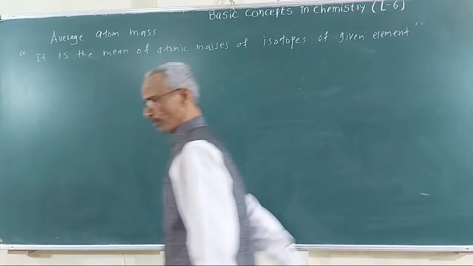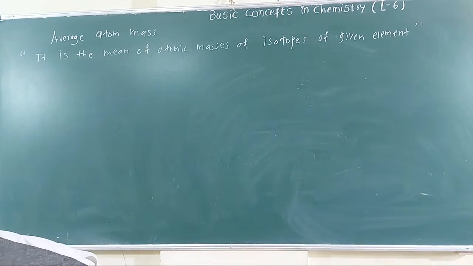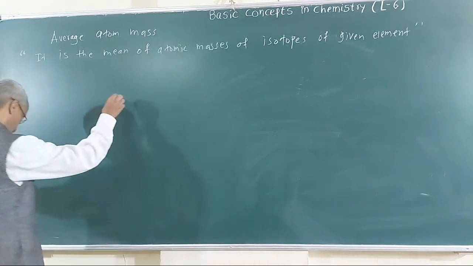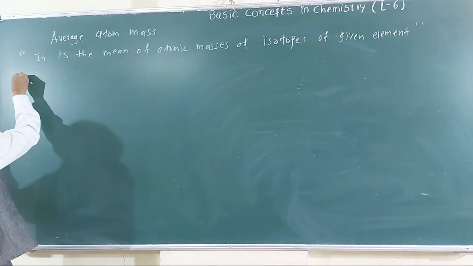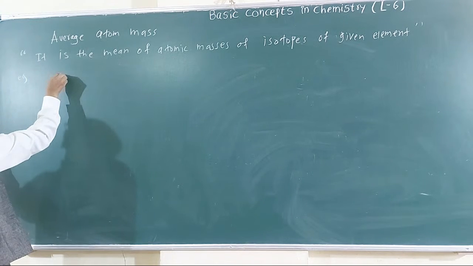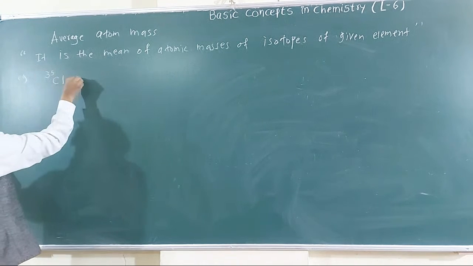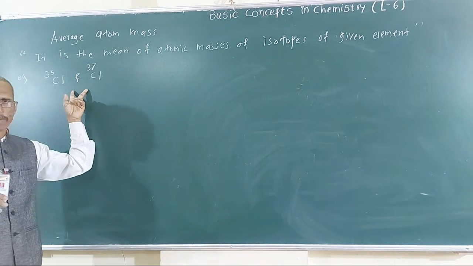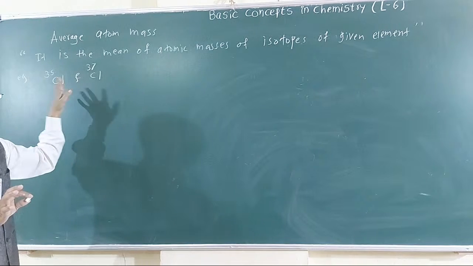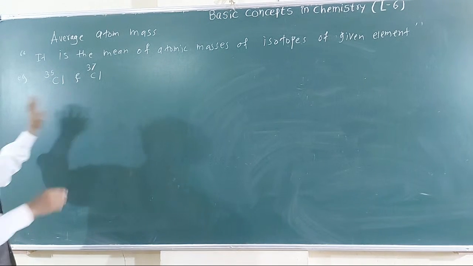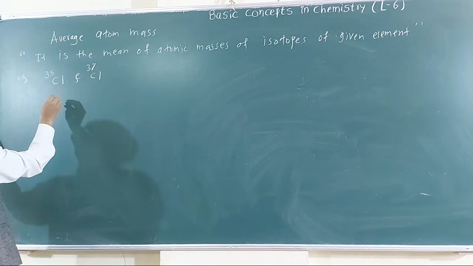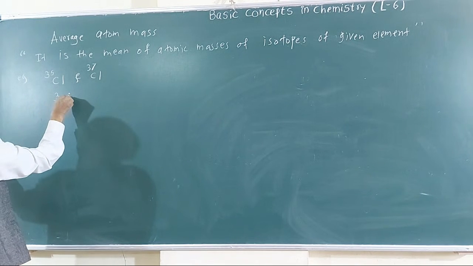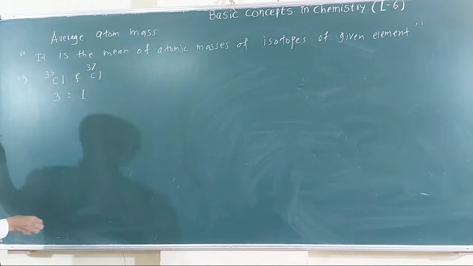For example, consider chlorine 35 and chlorine 37. Isotopes have the same atomic number but different atomic masses. They are called isotopes. Here it is found that they are observed in a 3:1 ratio.